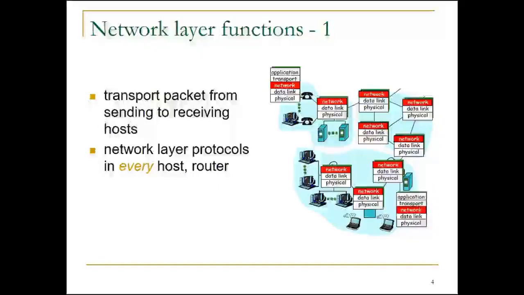Three important functions you want to keep in mind, which make the network layer very efficient in its transmission of information, start with path determination. You want to make sure you have the right path, especially within a network of multiple devices.